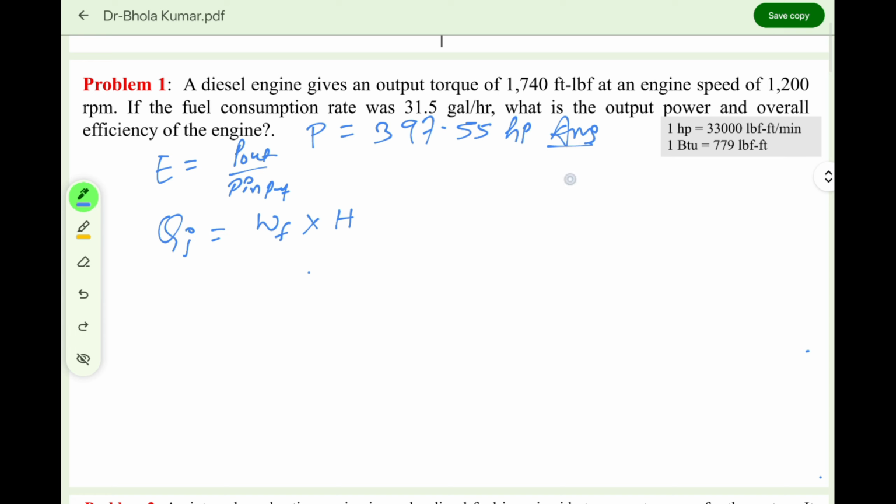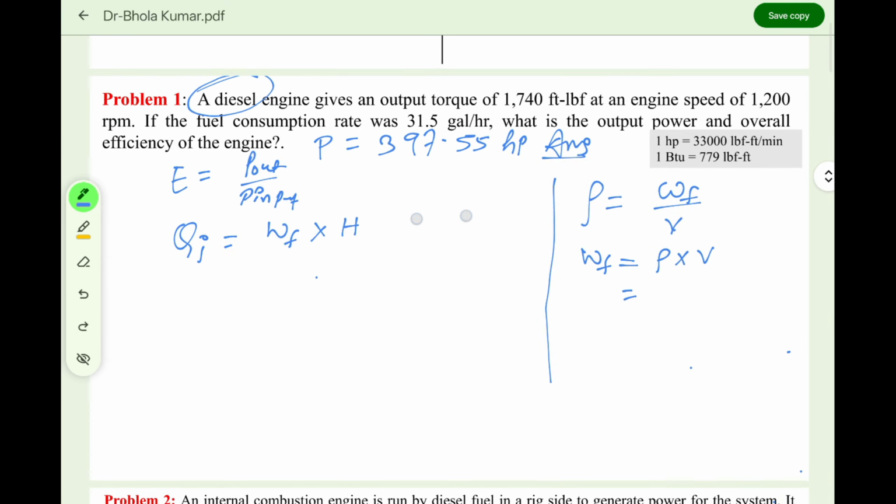Suppose you know the density, then wf can be written as density multiplied with V.